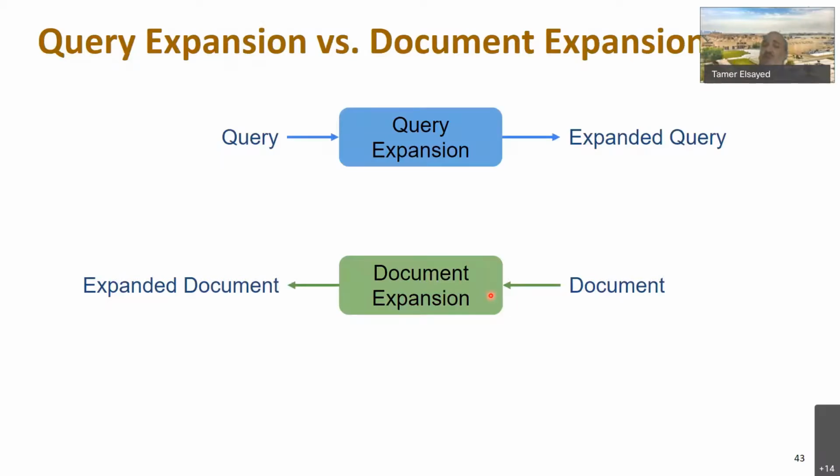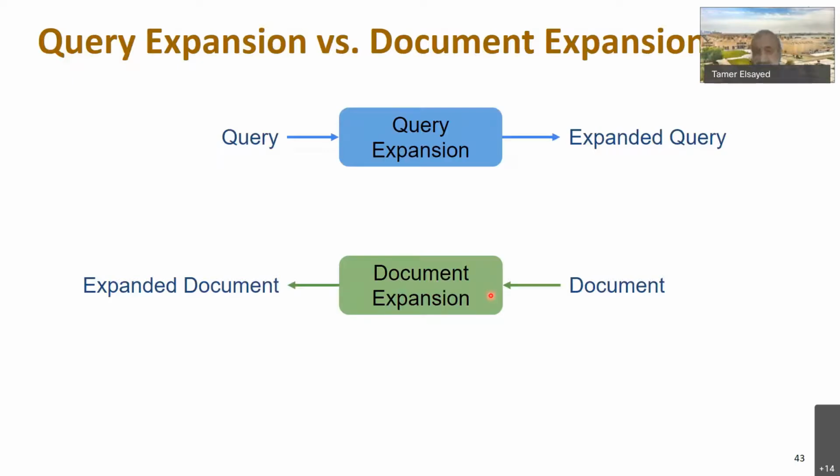It was just smoothing, just to ensure that any term in the collection can have non-zero probability to appear in the document. But first, it wasn't specific. We didn't say these terms are more related to the document, so we'll add them. Second, it was not explicit. We didn't add terms explicitly to the document. As you will see very soon, when we say document expansion, we add terms to the document itself as if these terms appear in the original document before indexing, which means that we will index the new document with the newly added terms.